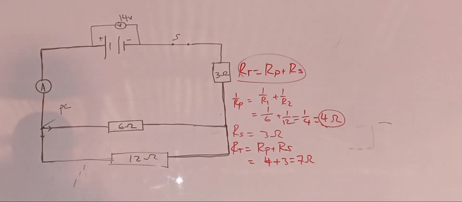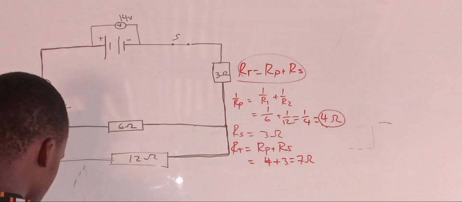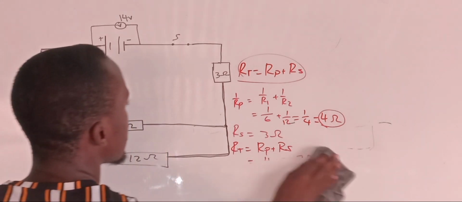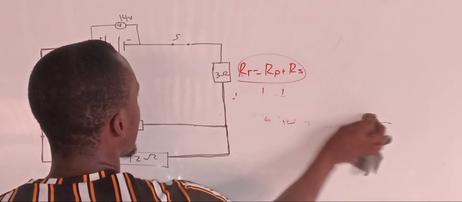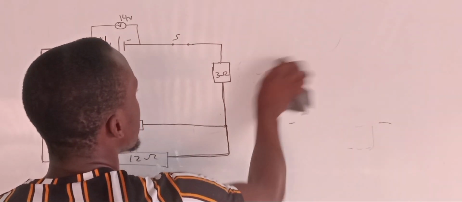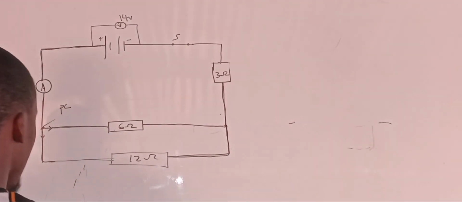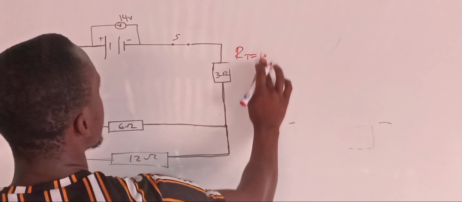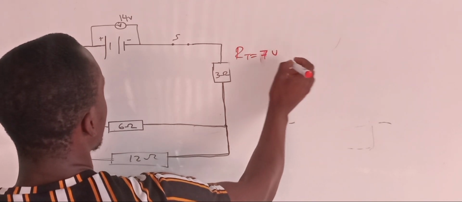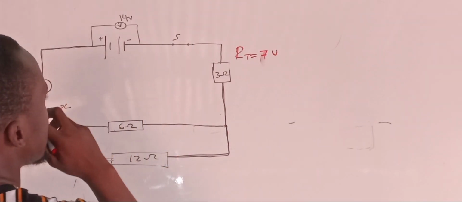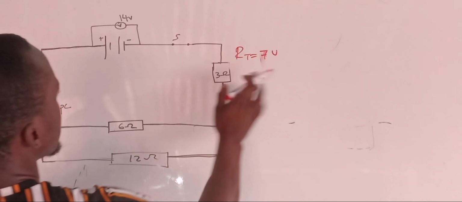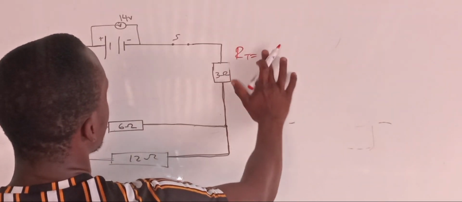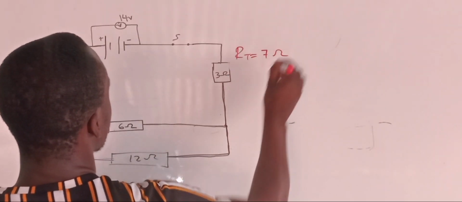Therefore, let me say they want us to calculate the current that is flowing. We know that the R total is 7 ohms.